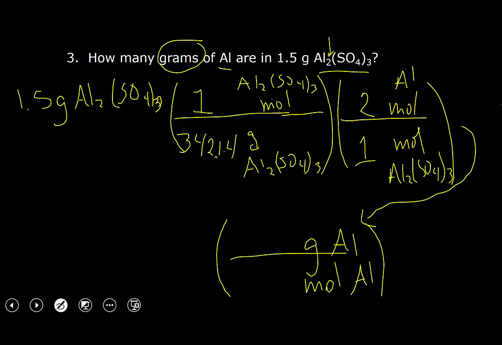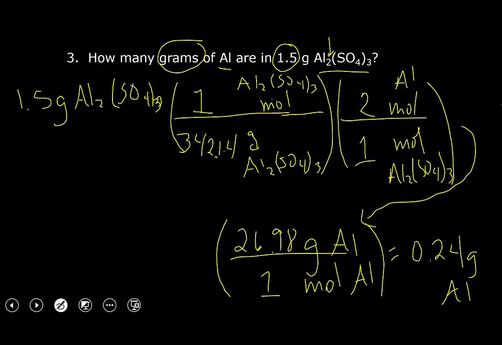The molar mass of aluminum is 26.98 grams for every 1 mole. So 1.5 divided by 342.14 times 2 times 26.98, and 2 significant digits, because 1.5 has 2 significant digits, would be 0.24 grams of aluminum.